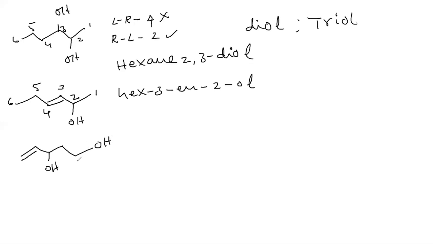So that's why I have to give numbering from here only. So 1, 2, 3, 4, 5. Okay. Then what is the name of this one? So we have 5 carbons. Pent, 4, ene.